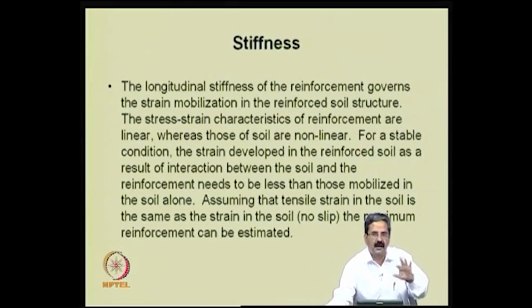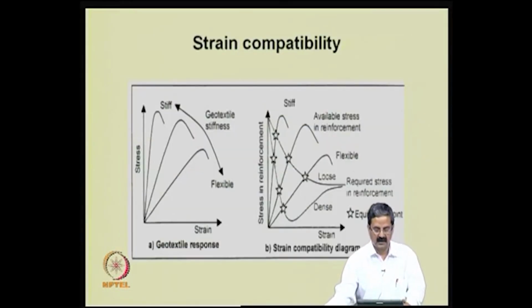How much stiffness there is from the reinforcement is a very important point, the E value. As I just mentioned, it can be a very flexible one, like a geotextile, or a very stiff one, like a geogrid, or a steel reinforcement, which is very stiff. And that helps.